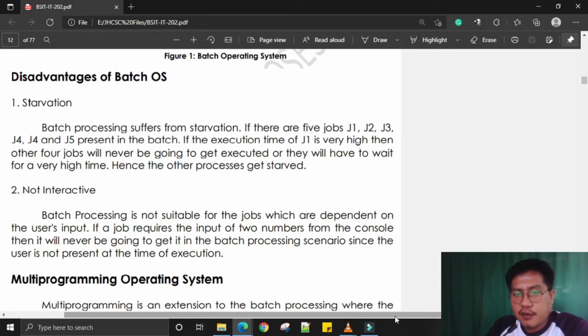Hence, the other processes are being starved. So that's what starvation means.